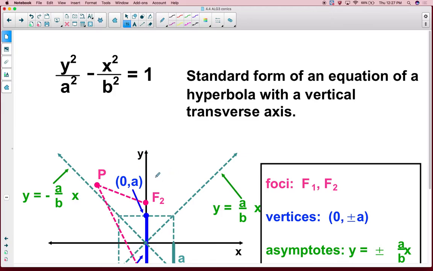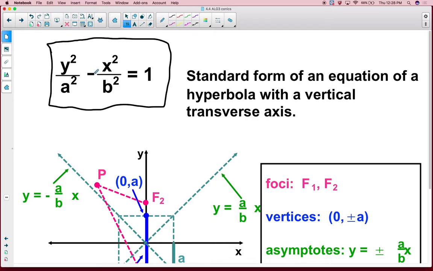Okay, so let's take a look here. The standard form of a hyperbola, you want to write this equation down. You guys will probably want to pause the video to get everything in here. Notice that we know that in an ellipse, A is always bigger than B. That is not the case for hyperbolas. A squared and B squared are going to stay where they are. What changes is what is positive.